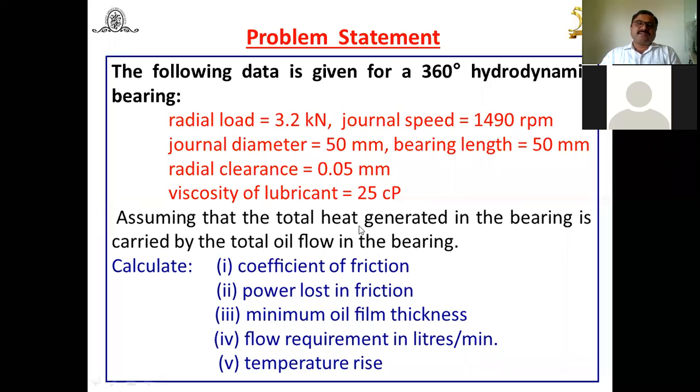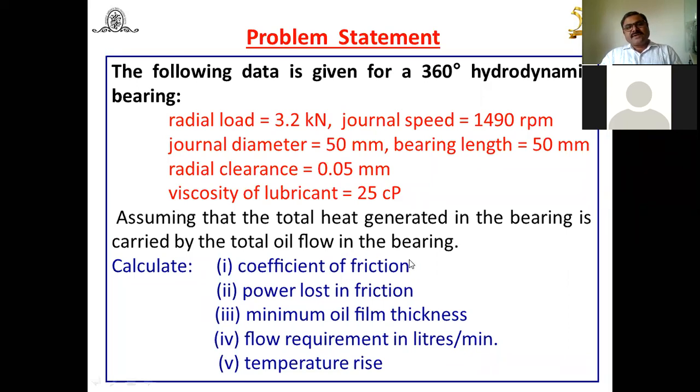Based on this data, we have to find the coefficient of friction, power lost in friction, minimum oil film thickness required to support this load, flow requirement in liters per minute, and temperature rise.